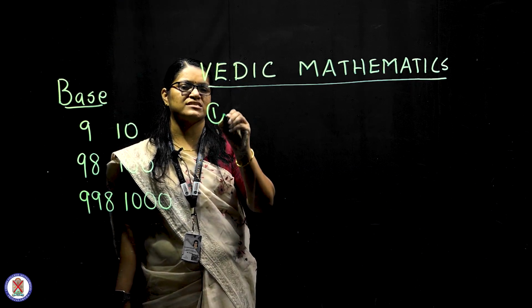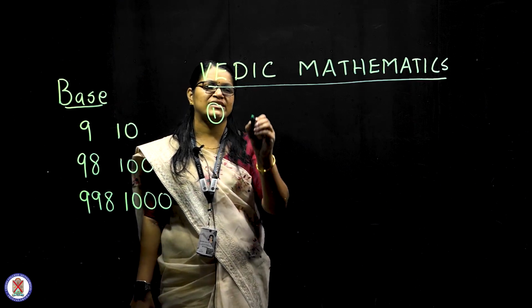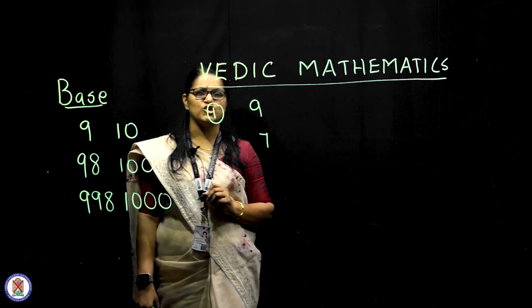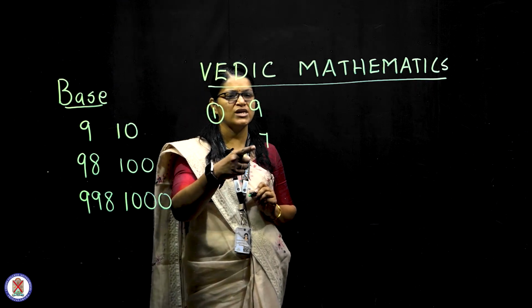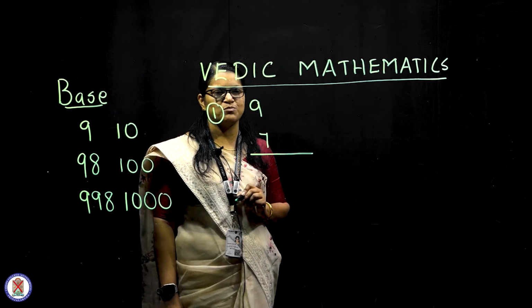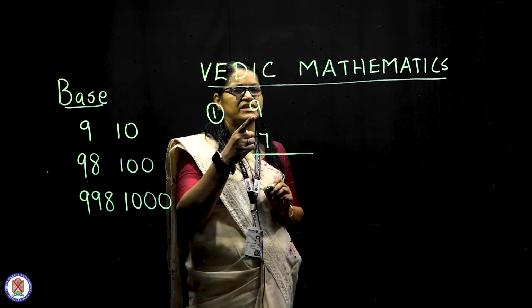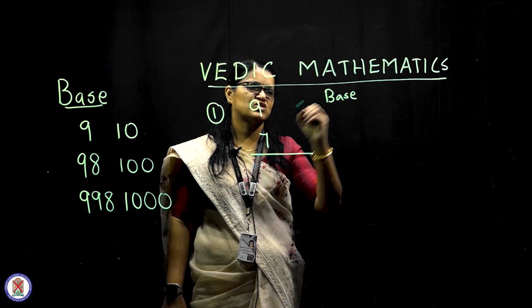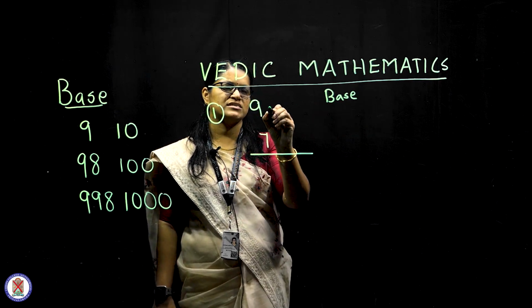First, let us see an example of multiplying the number 9 by 7. The first step is to write the numbers one below the other in this way. Then you have to subtract the number 9 from the base 10. Here the base is 10. You have to subtract 10 minus 9.